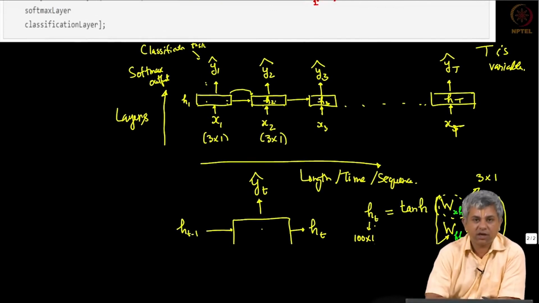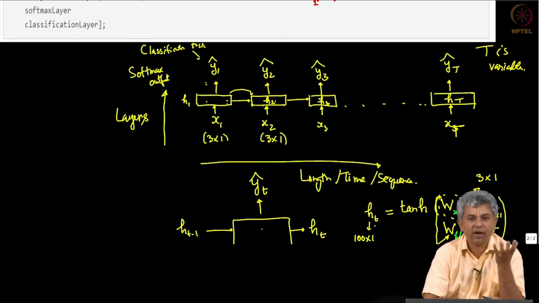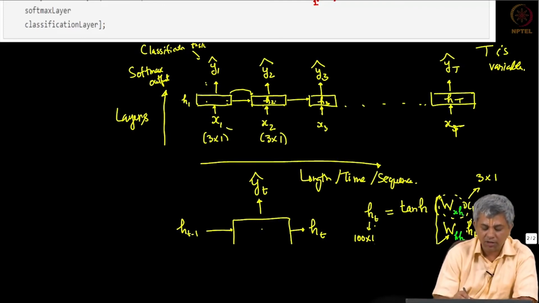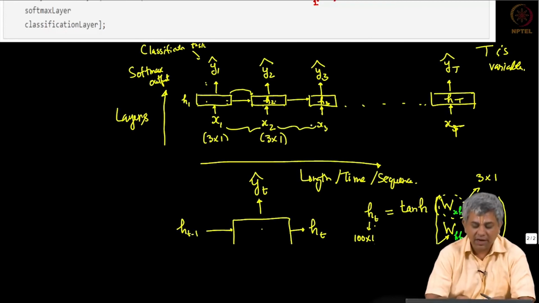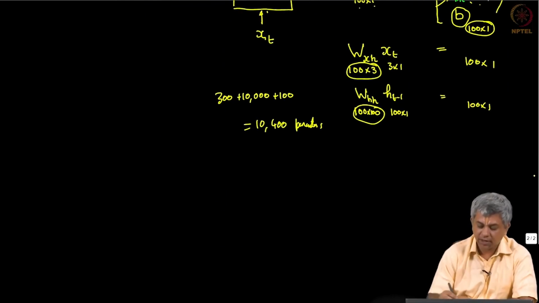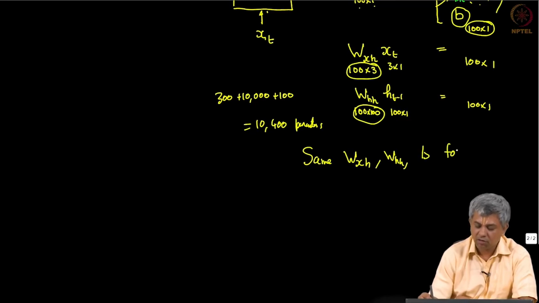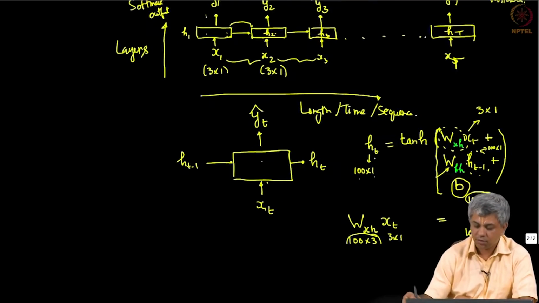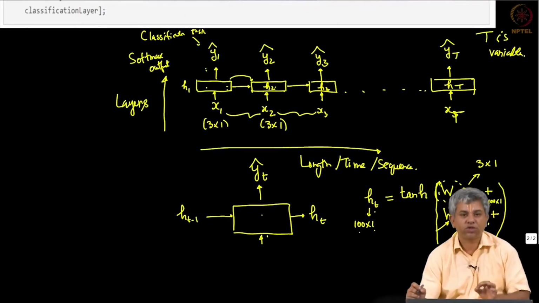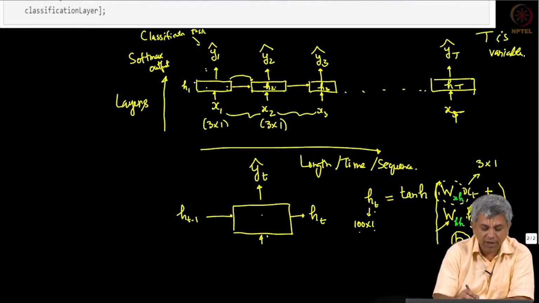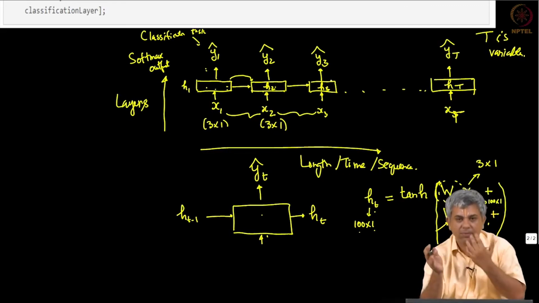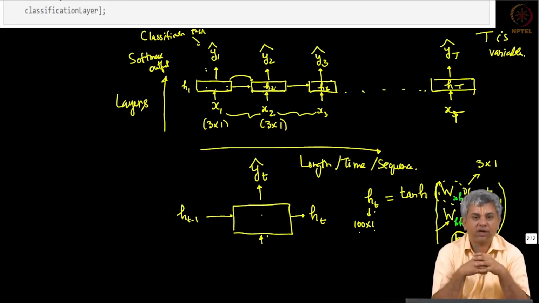The catch here, and which is why I said that in engineering examples it is a good idea to take the same delta t between this and this, this and this, is that we will assume that it is the same WXH and WHH and B for each time. So, the only W's you use are the W's that you will use for the first layer, they remain a constant as you go across an RNN, and that is the power of an RNN, otherwise the number of parameters would explode.